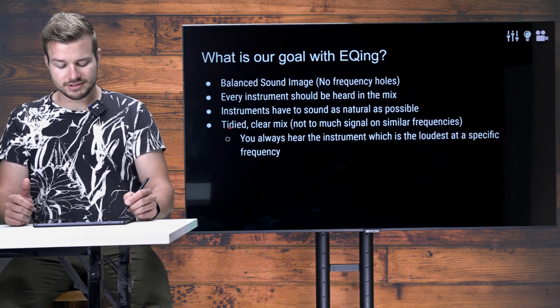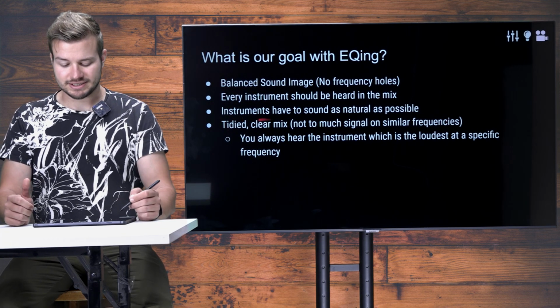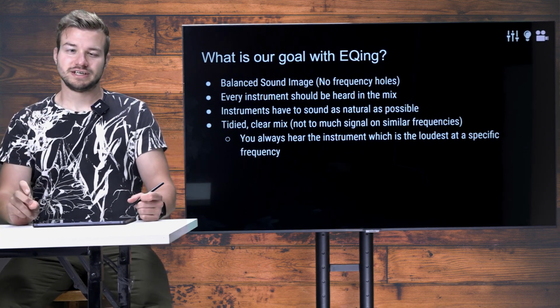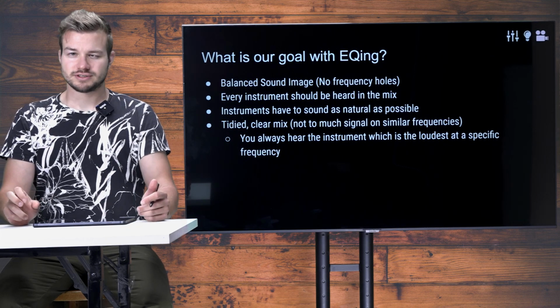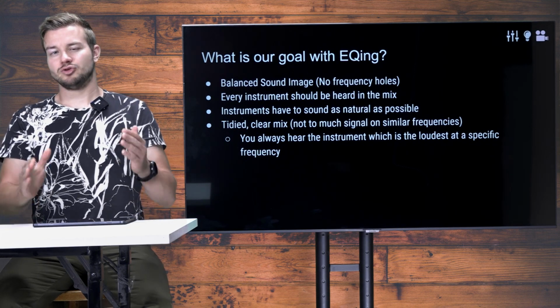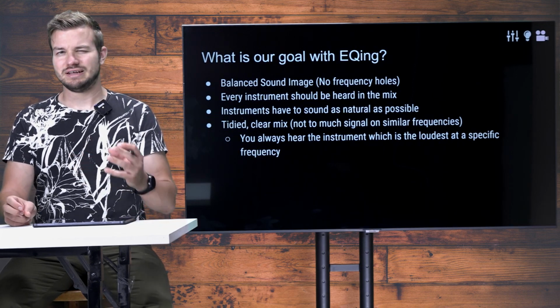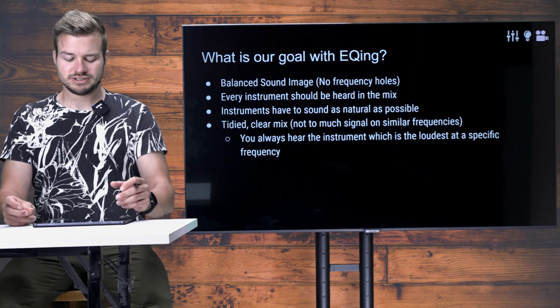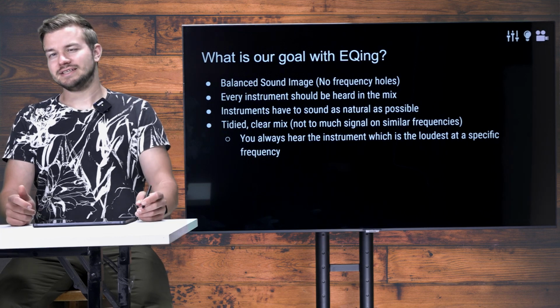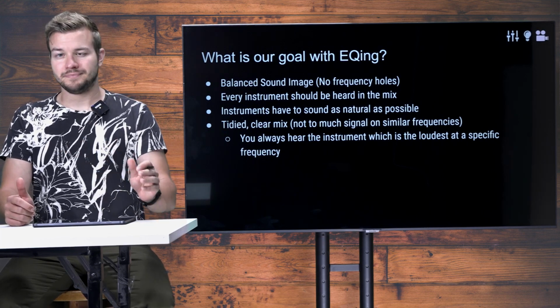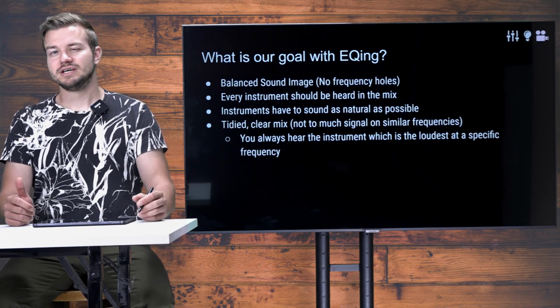And then we want a tight yet clear mix. What does that mean? Often we have certain frequency ranges which are not important for a certain instrument, and if we did not turn down these frequency ranges, we would get a really muddy mix, which is not clear and not clean. So our goal is to remove or turn down all these ranges.